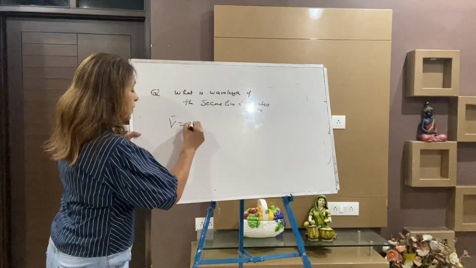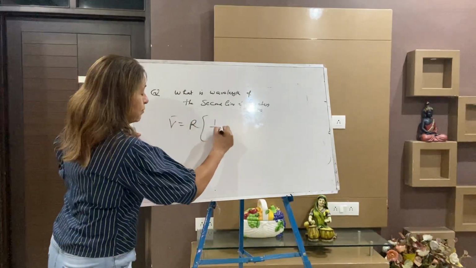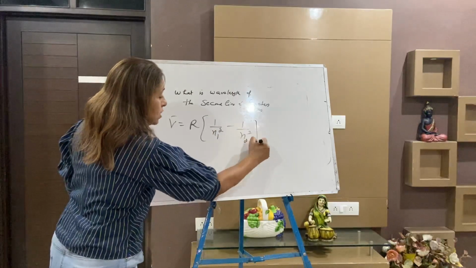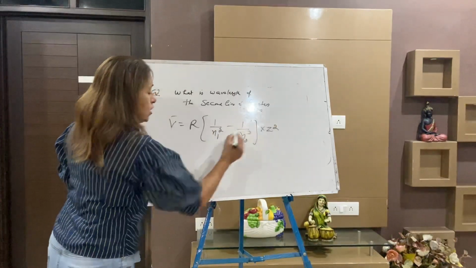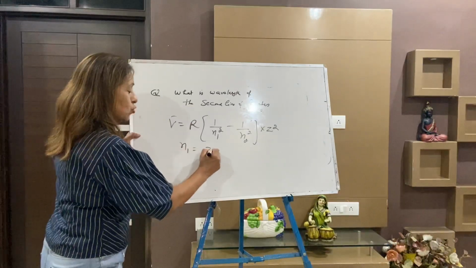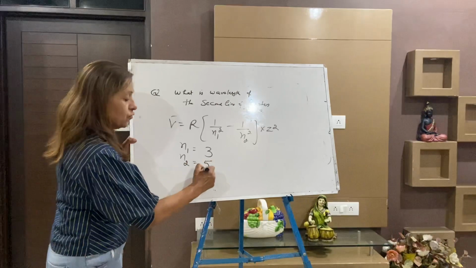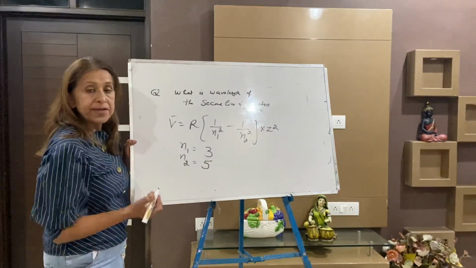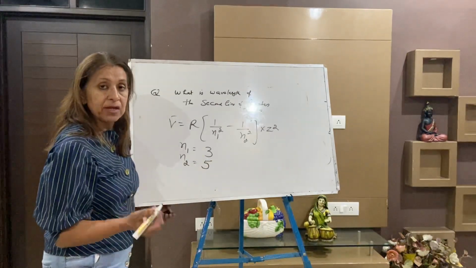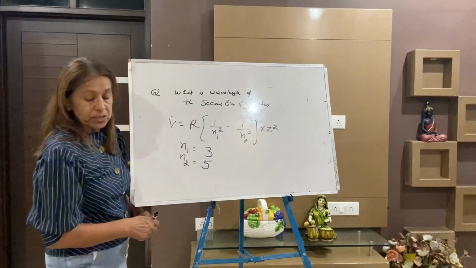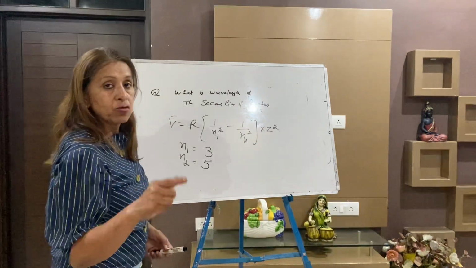Wave number, Rydberg equation: R into 1 by N1 square minus 1 by N2 square into Z square. So put N1 is equal to 3 because of the Paschen series, and put N2 is equal to 5. And put R is equal to 10.97 into 10 raised to power 6 per meter, and Z is 1 because the numerical is of the hydrogen atom.